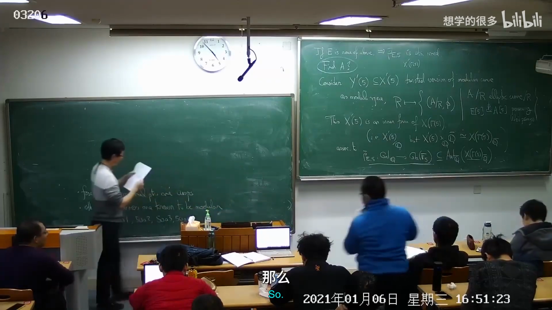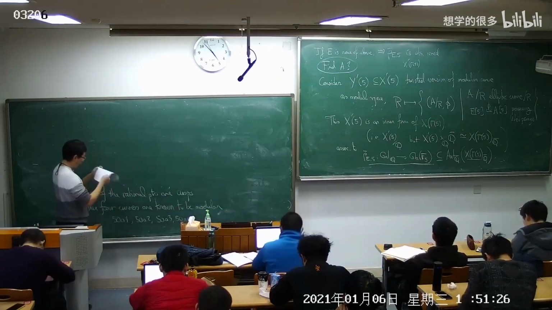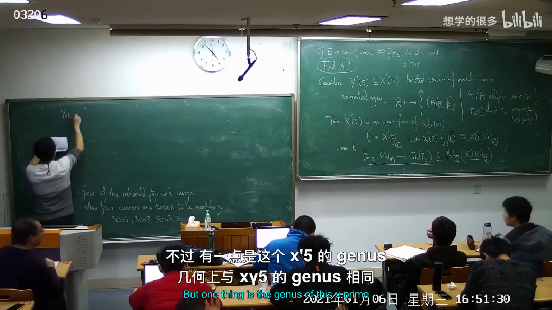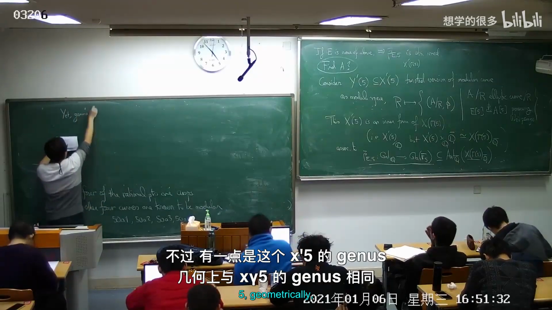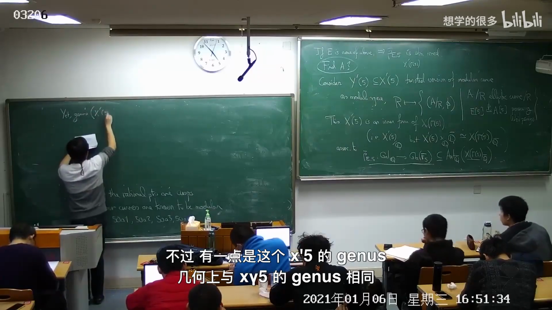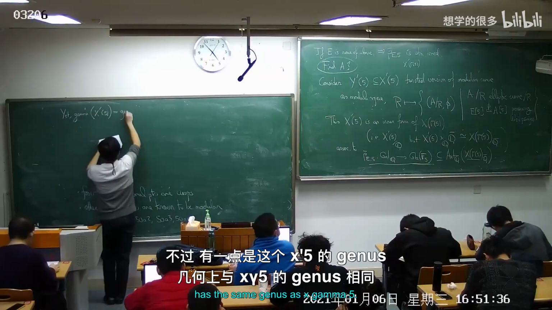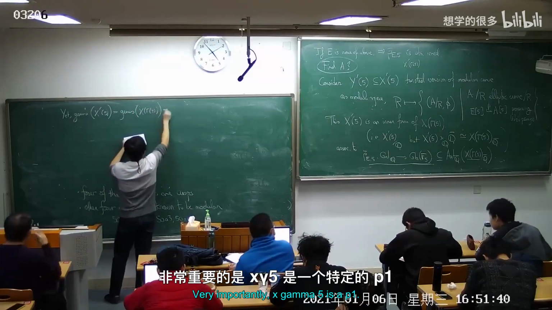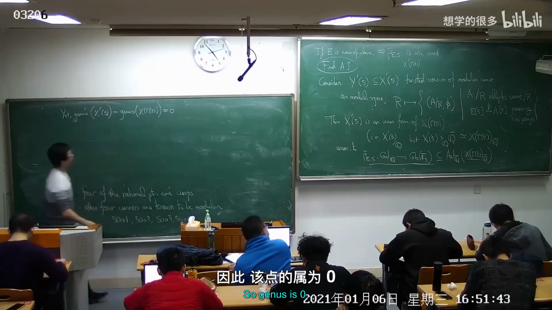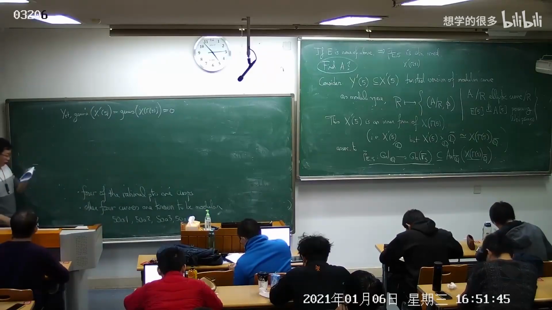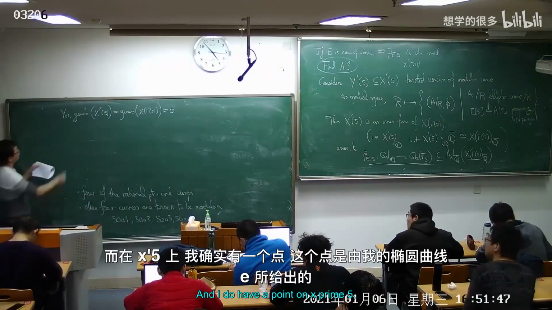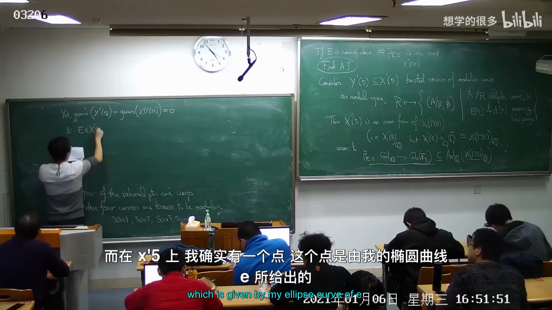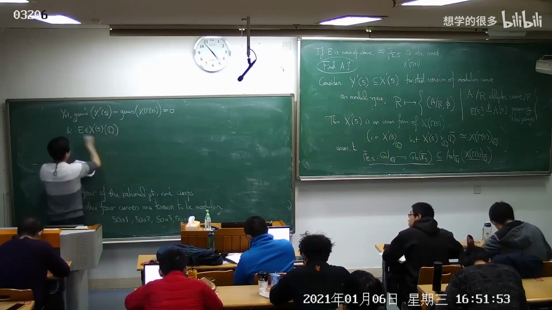Okay, but one thing is the genus of this X prime 5 geometrically has the same genus as X gamma 5. Very importantly, X gamma 5 is a P1, so genus 0, and I do have a point on X prime 5, which is given by my elliptic curve E itself.